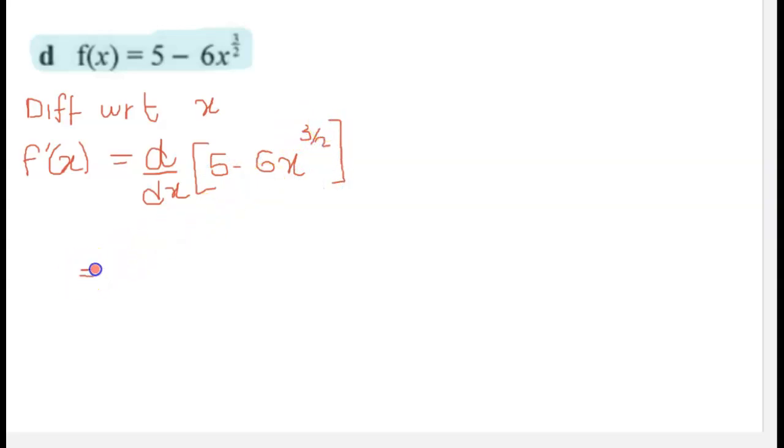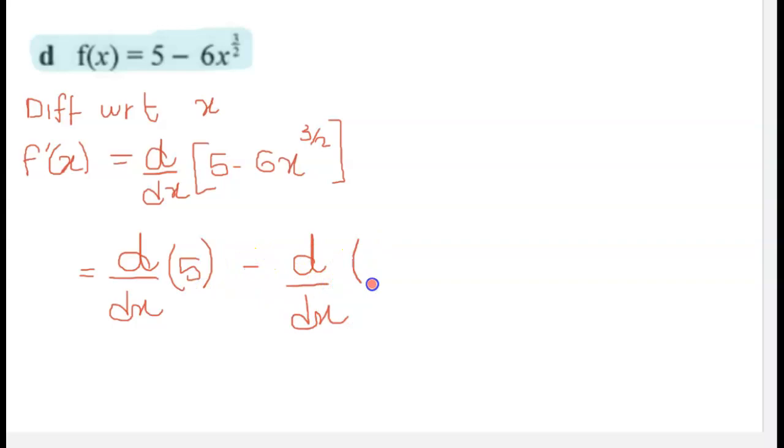Now we differentiate that one separately. So d over dx of the 5 minus d over dx of 6x^(3/2). Now you know d over dx of 5 is a constant, so it is 0, minus, according to that one, 3 over 2 comes out.